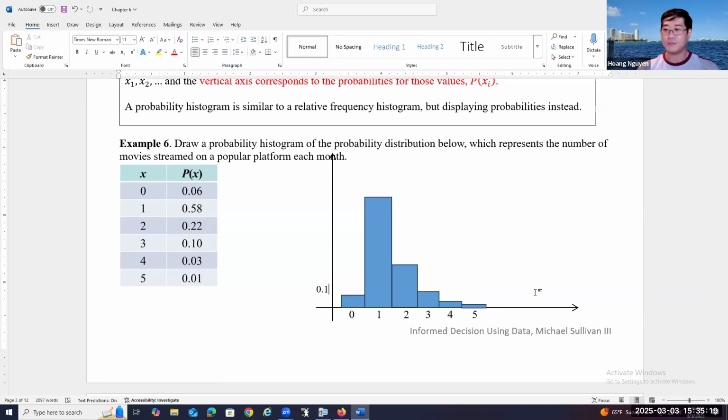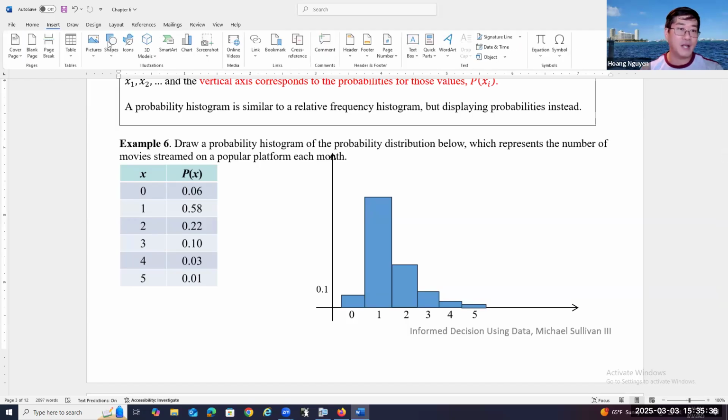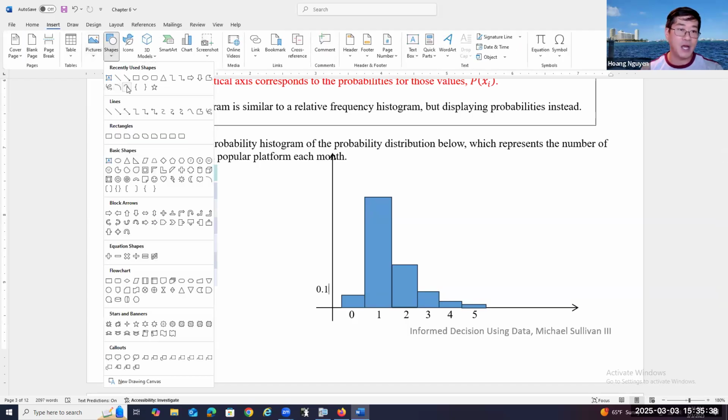Based on this, we can actually determine the shape of the distribution. Based on the histogram, it looks like the distribution will be skewed to the right. The tail is longer to the right, so that's why we can say it's skewed to the right.